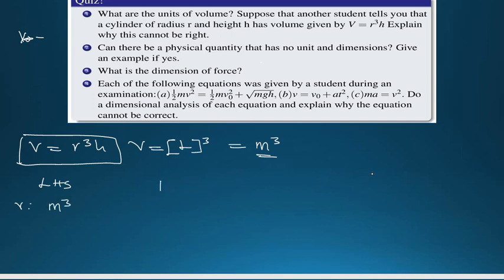What about the right hand side? The radius is just length, and the unit of radius is meters, so I have meters to the power 3 there. And height is also measured in meters. So here we're going to have meters to the power 4 once we multiply out.